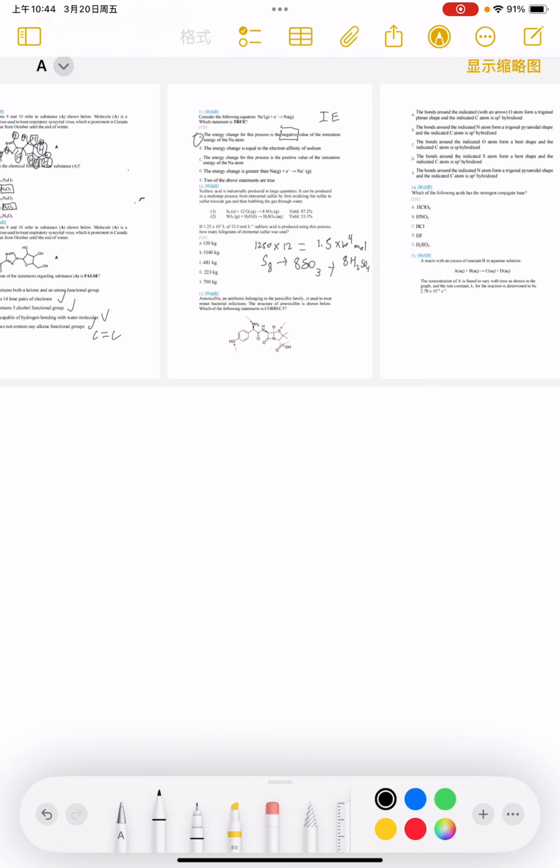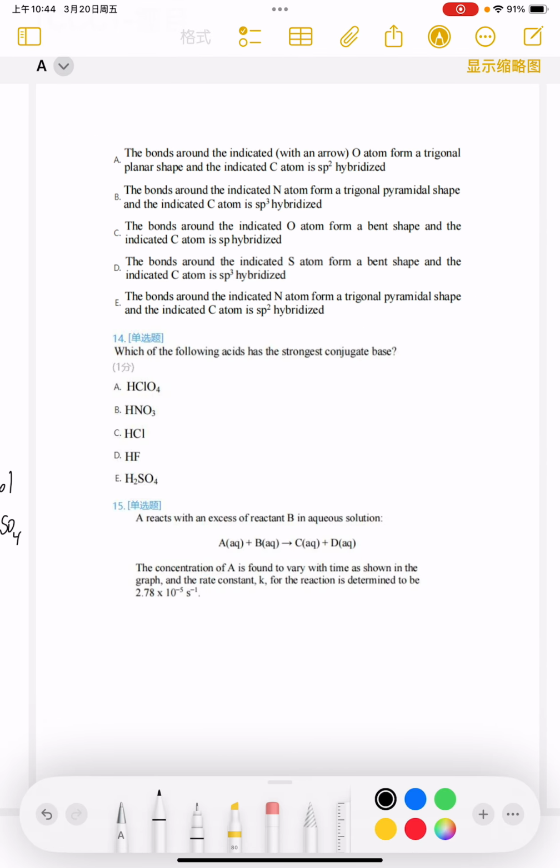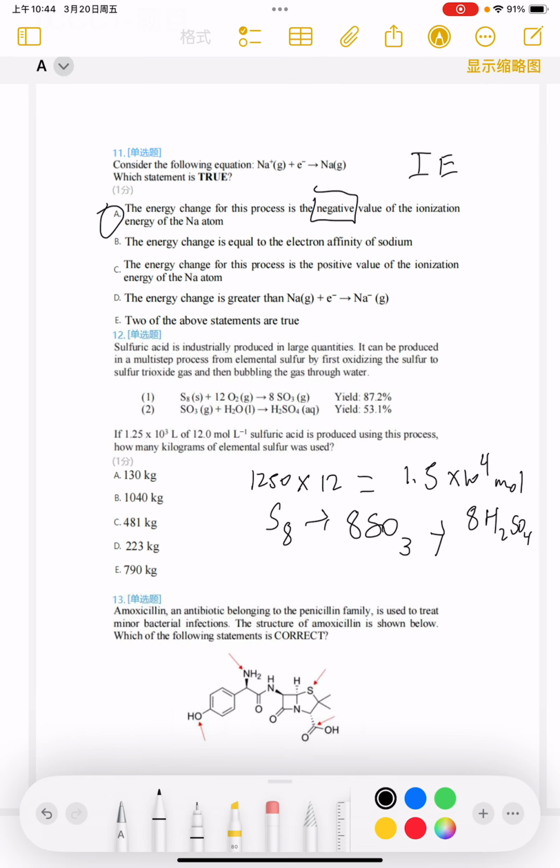So now we have to calculate the yield rate. Oh, my bad. The yield rate would be the moles of H2SO4 over this.